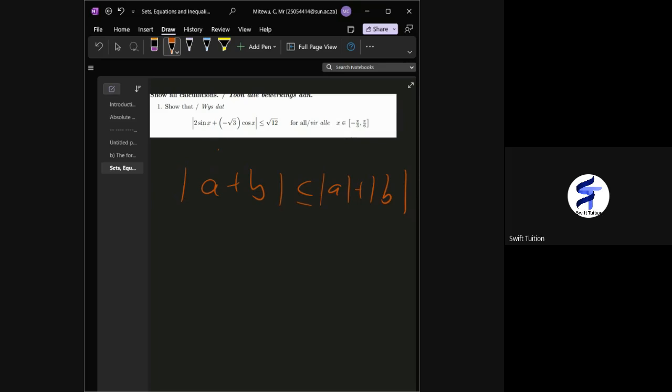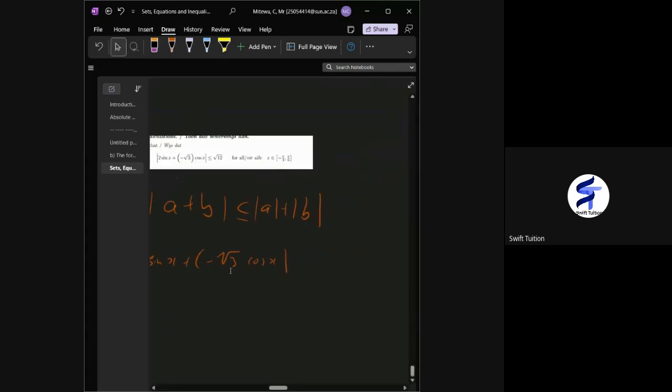This original expression can be rewritten as a sum. So I can say that this 2 sine of x plus negative root 3 cosine of x has to be less than or equal to the sum of the individual functions that make it up.